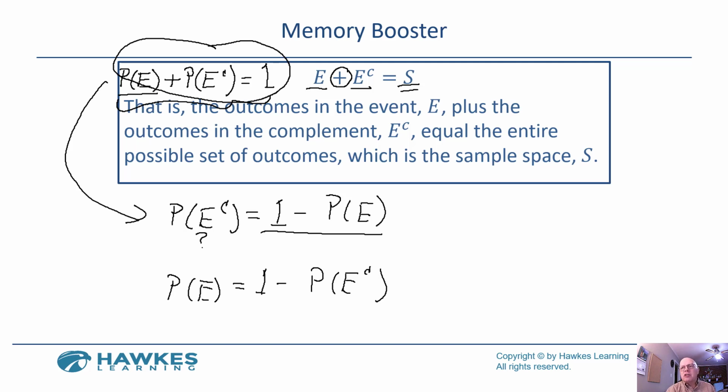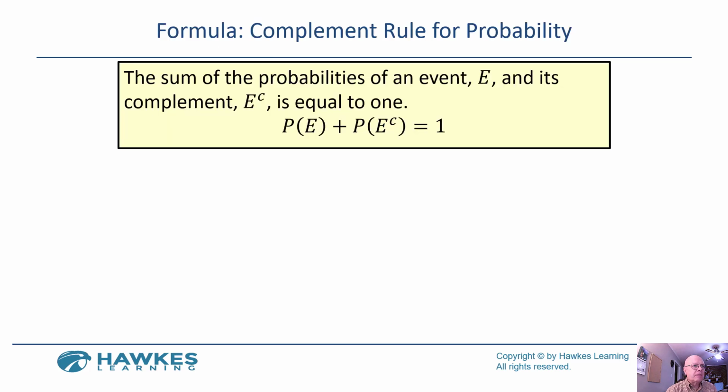Just use a little bit of algebra and you can get the whole thing. Remember, the probability of 1 is that you're going to get something from the sample space. So there's the formula. That's one to write down on your index card or whatever you're using to keep your notes on.